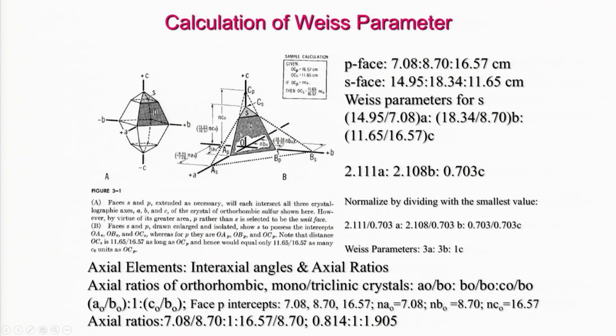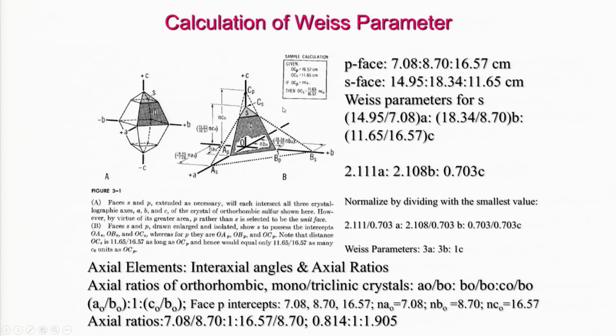This particular one is called the P phase, which has a larger area, whereas this phase, called S, has a relatively smaller area. Both phases intersect the positive direction of the A axis, the positive direction of the B axis and the positive direction of the C axis.